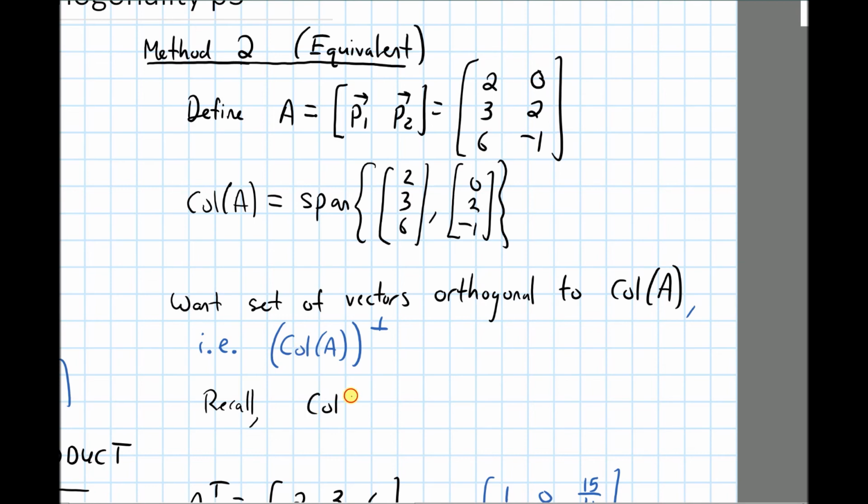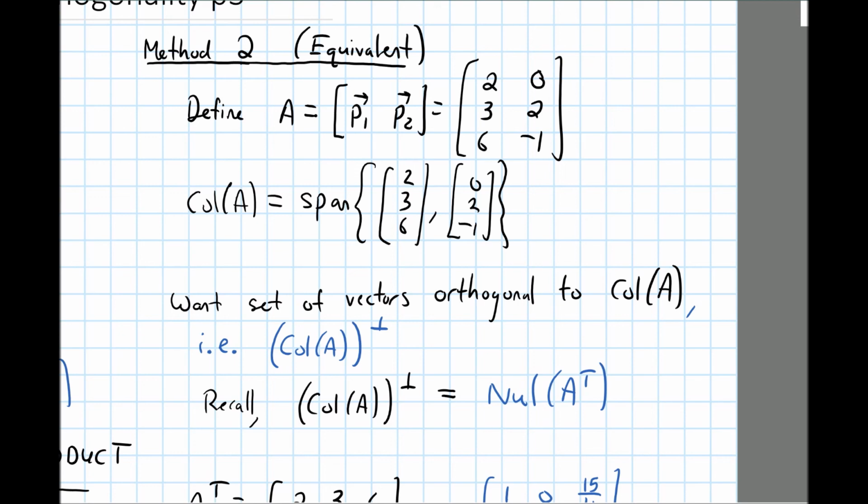We said that the column space of A's orthogonal complement is the null space of A transpose. So because I'm trying to find some vectors that are orthogonal to the column space, what this theorem says is, just find the null space of A transpose.